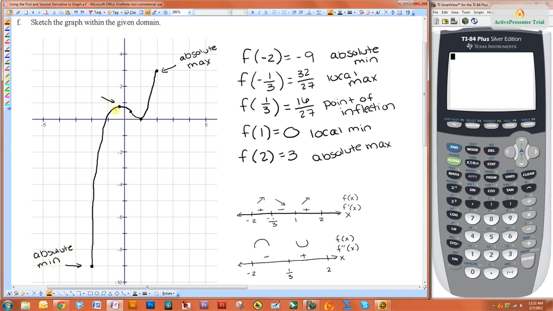This is, notice, the highest point within this area here, so this is a local max. This is my local min, because it is the lowest point within that area there, and this is a point of inflection, because it changes concavity there.